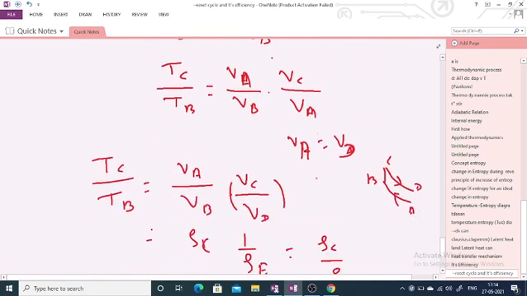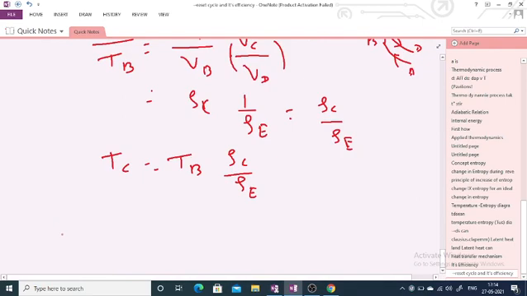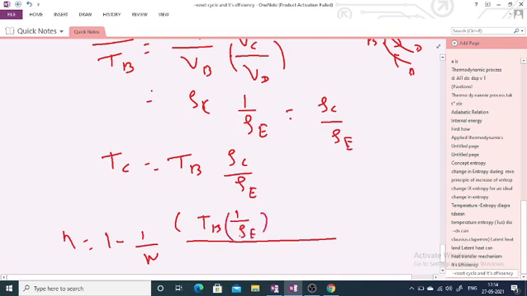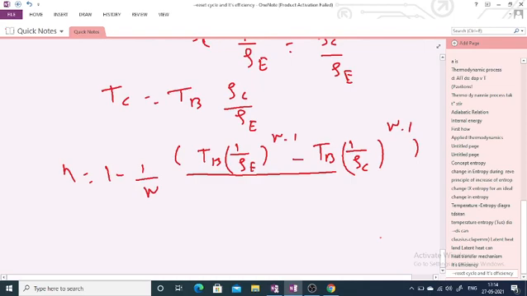So we get efficiency is equal to 1 minus 1 upon gamma, as it is. Now we consider Tc is replaced by Tb into 1 upon rho E raised to gamma minus 1, minus, as it is, the term Tb into 1 upon rho C raised to gamma minus 1, divided by Tc.